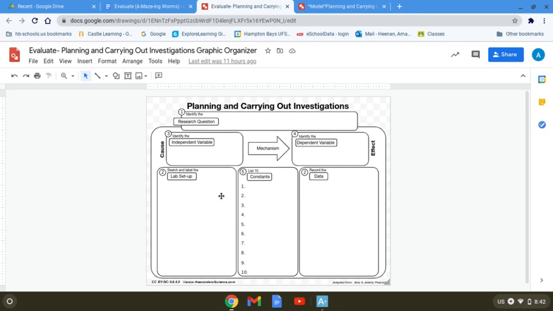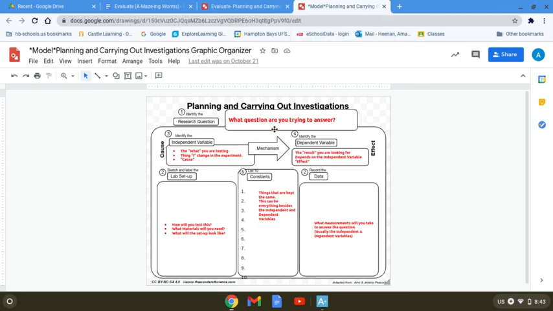Tell me what his lab setup looked like. Tell me what his data looked like. Identify Dr. Wheeler's independent variable. Identify his dependent variable, and try to list as many constants as you can. If at any point you are stuck or you forget what one of these parts of our investigation are, feel free to go back to the model. Good luck.